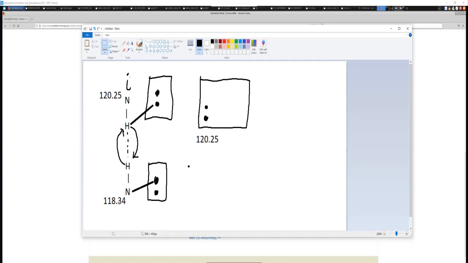And then at 118 over here, let's say 118 is way over here, you're going to have a similar cross peak. So you're going to have something here and something down here, right?